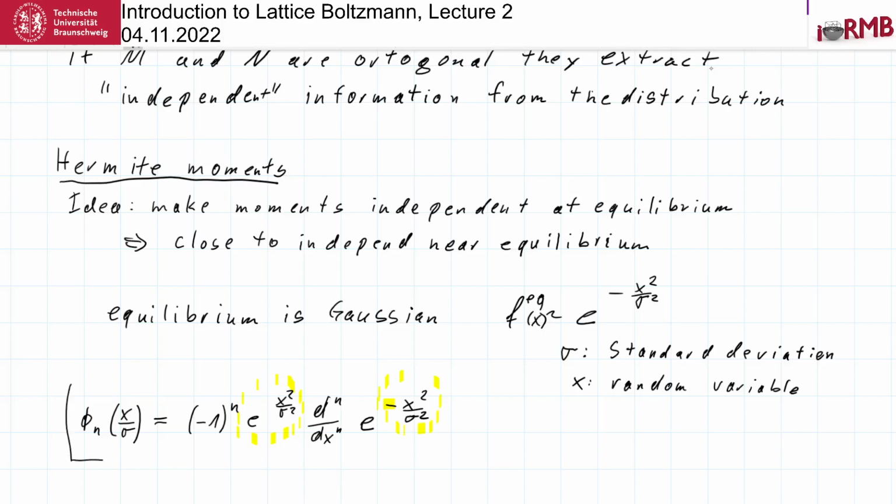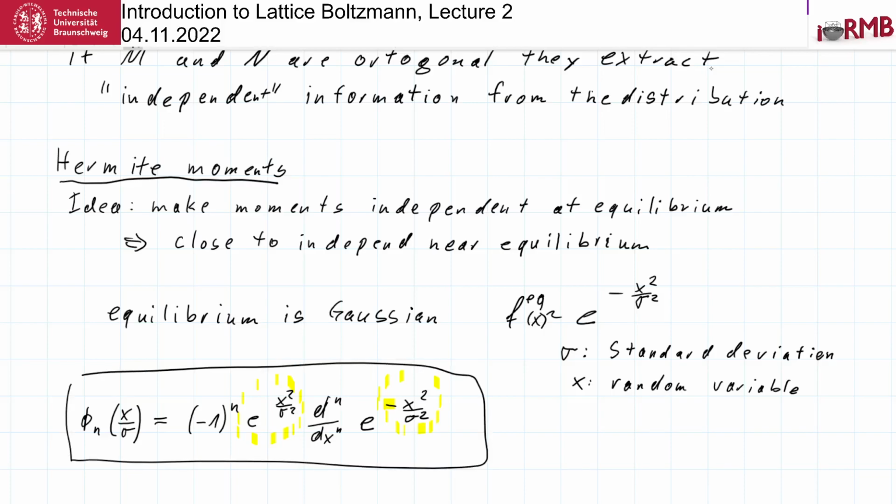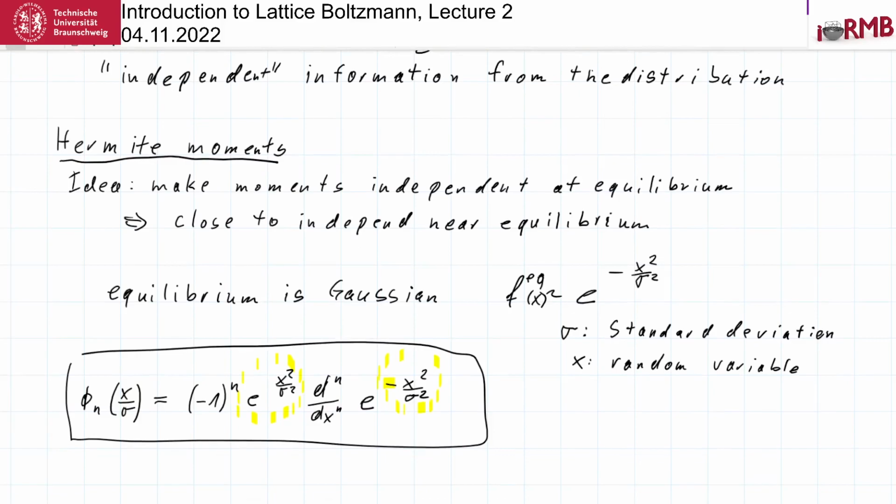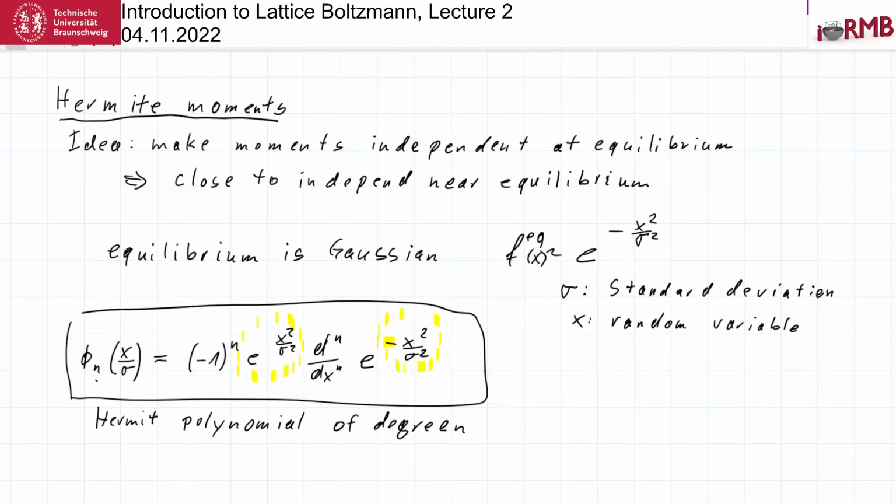So these guys are the Hermite polynomials of degree n. So n is the one here. And if we execute this, we see that phi 0, so zero order, is 1, what you would expect from a zero order polynomial.